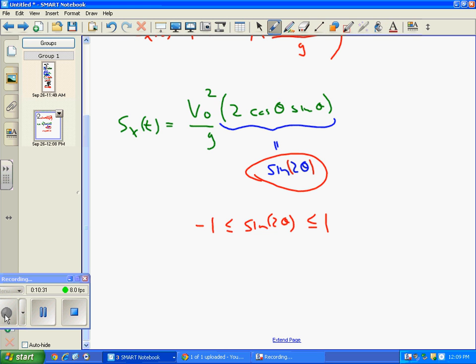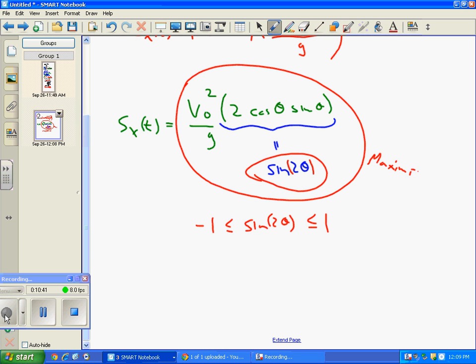If we want this whole expression to be as large as possible, then clearly we want sine of 2 theta to equal 1. That's the biggest that expression could ever be. But what value of theta does that? Well, 45 degrees. And that is the reason why 45 degrees would yield the maximum horizontal distance.